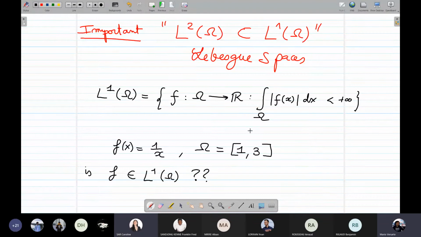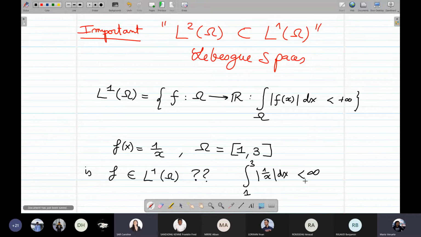It's when the absolute value... Voilà. You ask, is this integral finite? And how do you know this is finite? Comment tu sais que cette intégrale est finie? Elle converge. We just have to do the primitive. Yeah, the antiderivative.